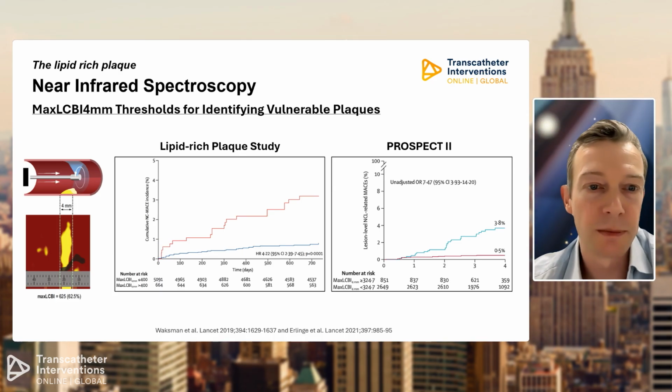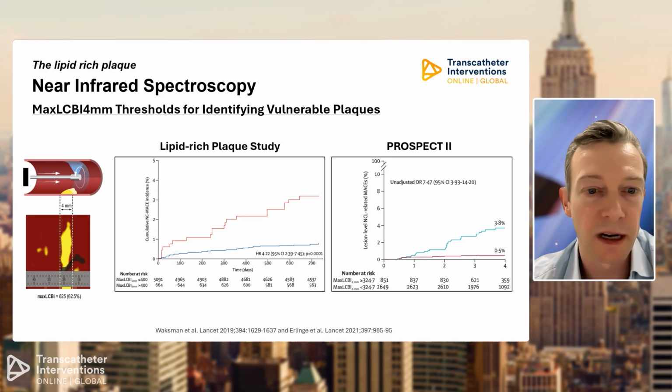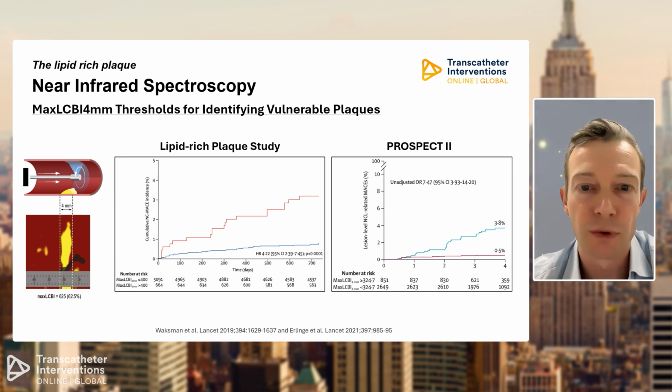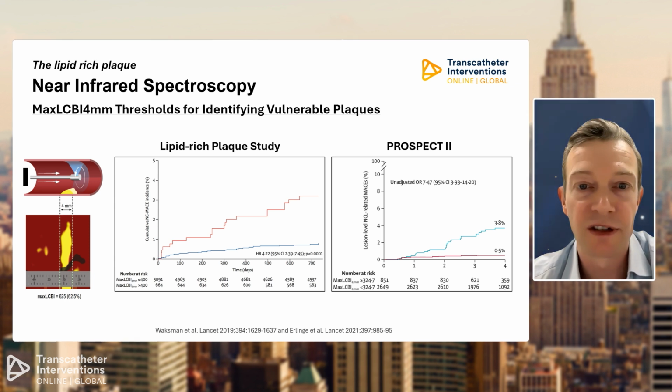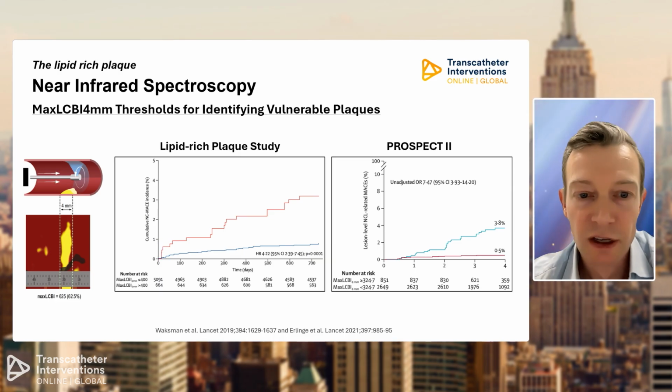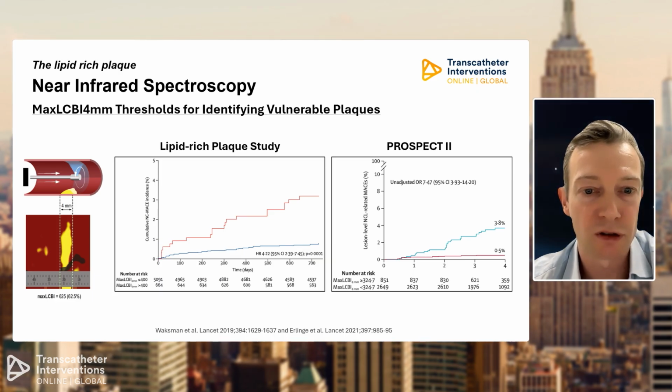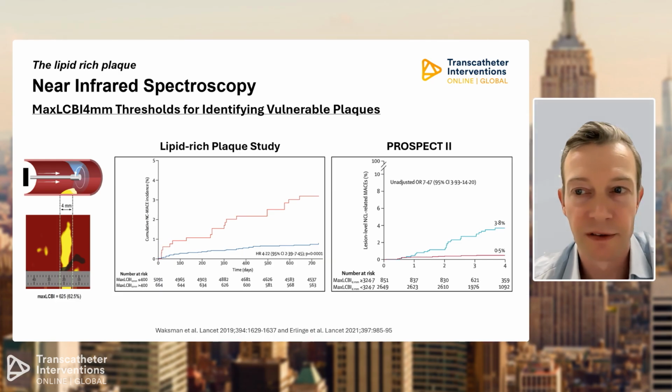And as we've learned from the LRP registry, as well as the Prospect 2 trial, if you have a plaque with a lipid core burden index above 400, or within Prospect 2, a LCBI above 324, the likelihood that these patients are at risk of future adverse cardio events is at least 4 times as high according to the LRP study, and almost 7 times as high where we refer to the Prospect study. So this illustrates that the identification of vulnerable plaques with near-infrared spectroscopy is a great tool to identify those at risk for future adverse cardiovascular events.